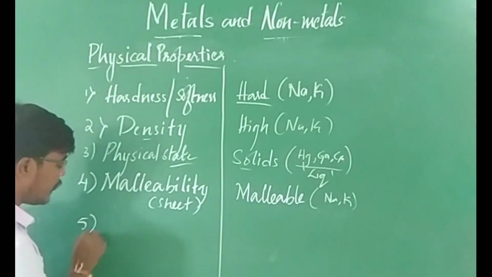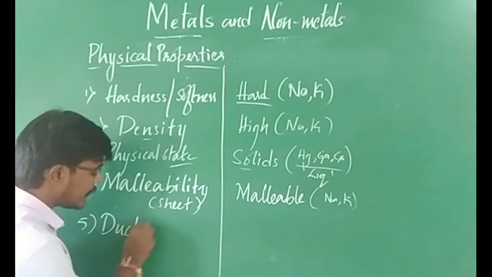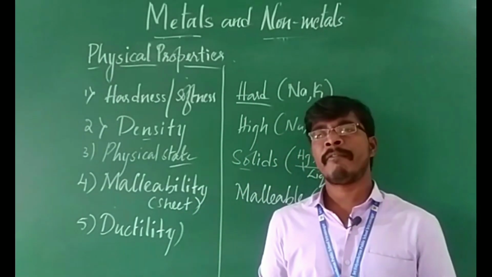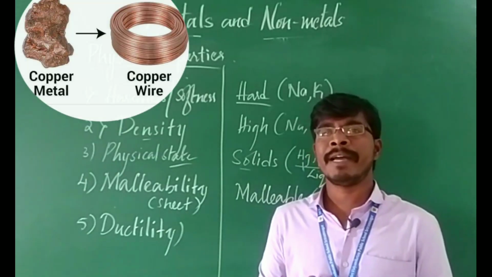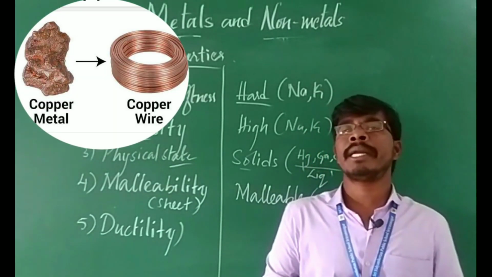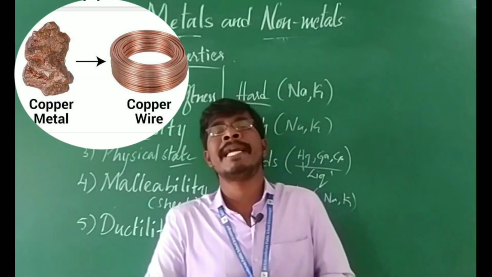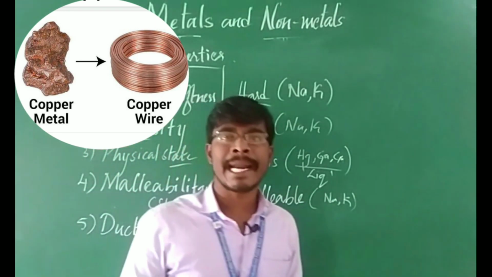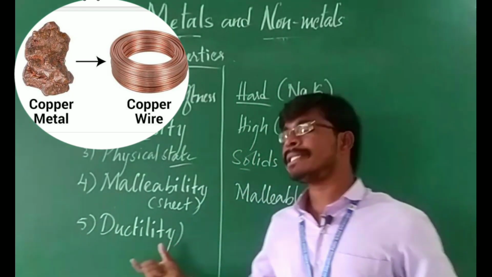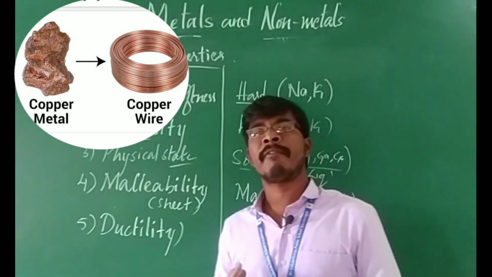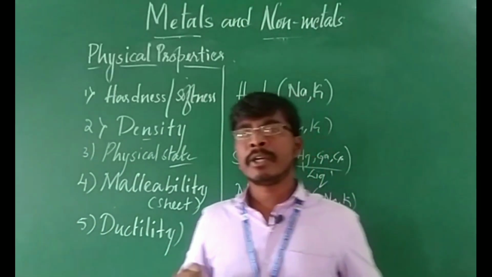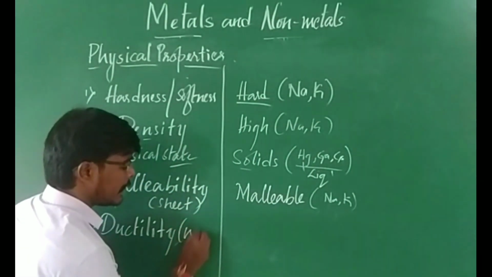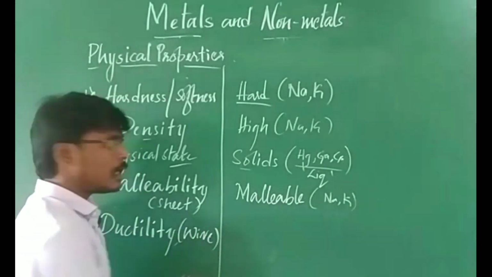Then the next property we are going with is ductility. The property of an element by virtue of which the element can be drawn into thin wires, stretched into thin wires without losing its own character, is called ductility.